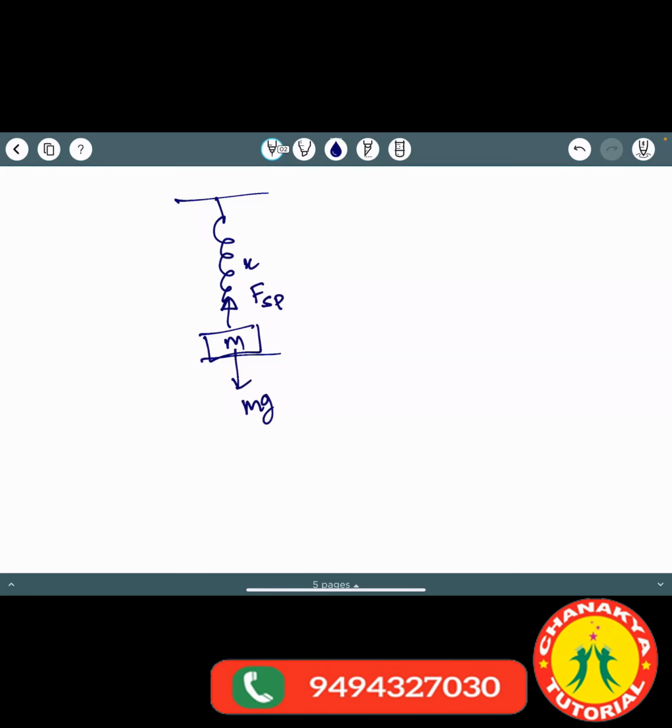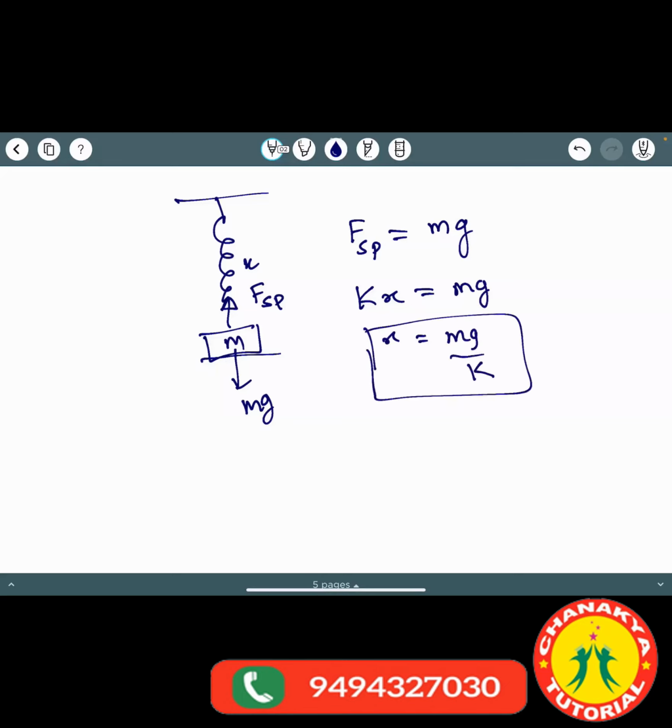If the block is at rest, the supporting force and the opposing force should be the same. The spring force is K times X, where K is the spring constant. This is mg. So how much will be the stretching? mg by K.